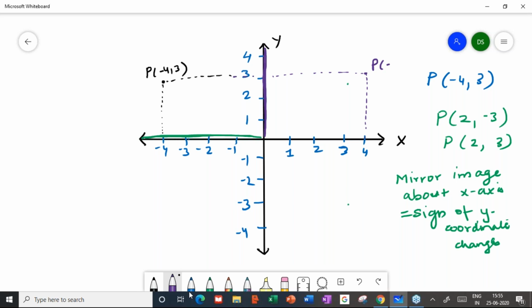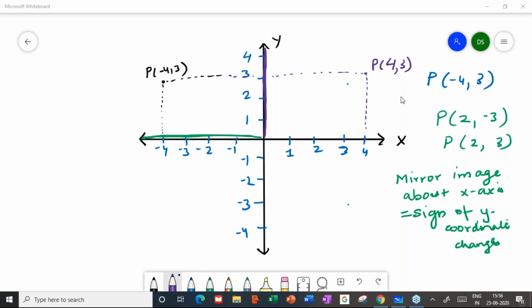When you do your graph, ensure that you are doing all this with a pencil and ruler at all times. In coordinate geometry, if you are asked to make this on the graph, always use a ruler. All these dotted lines also need to be shown with a ruler. If they ask you a mirror image, you need to show these dotted lines.